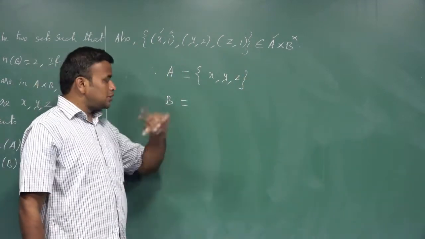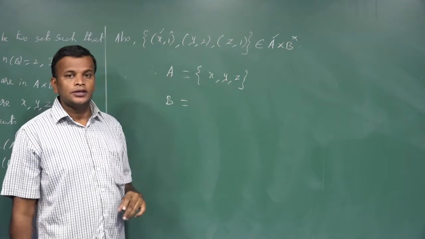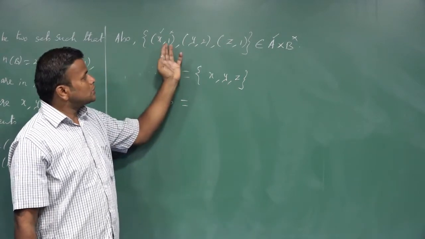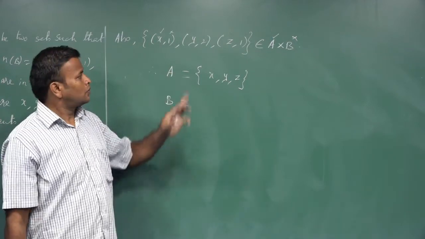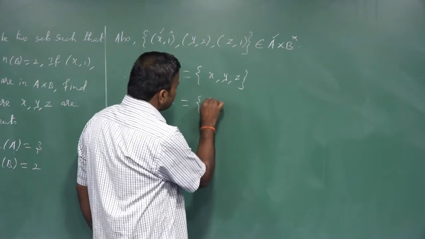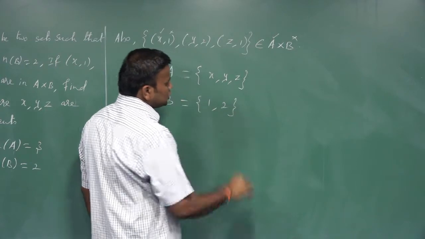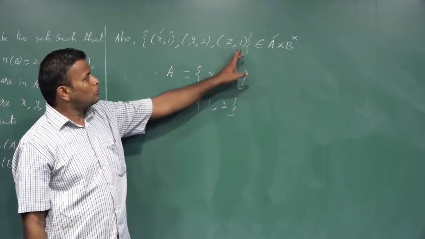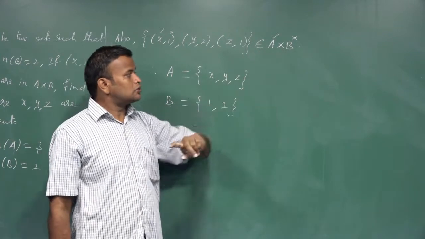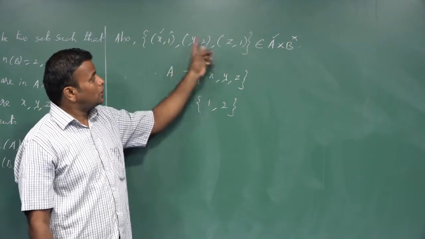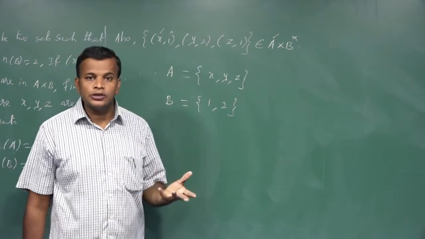Next, what are the values of B? In an ordered pair, the second element always lies in the second set. So 1, 2, just 2 elements, I say. One more 1 is there, sir. Yes, because this is a Cartesian product, so many ordered pairs are possible. How many ordered pairs are possible?